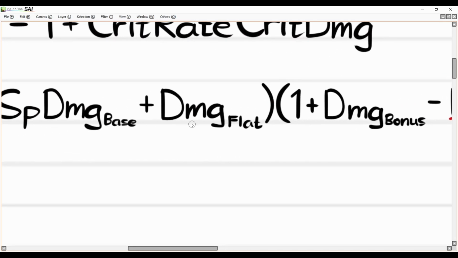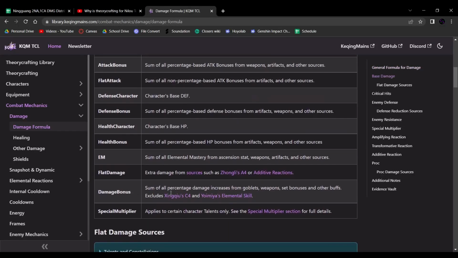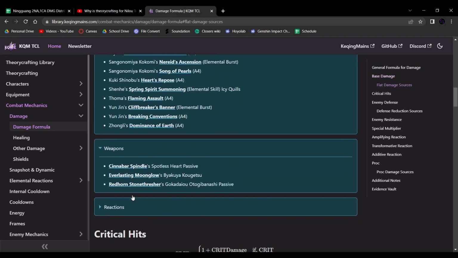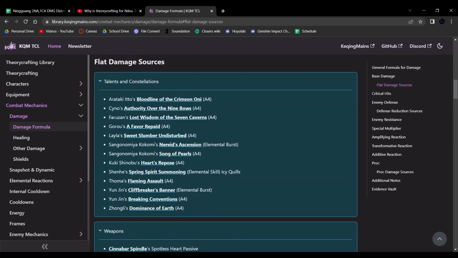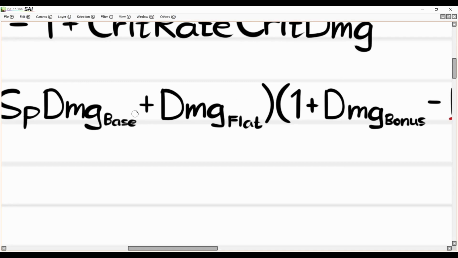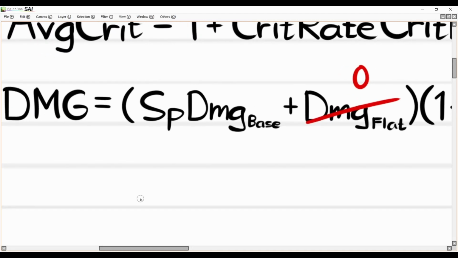And damage flat: if you read through sources such as this, you can check here, and I found that practically nothing in here fits. So we can go back to this equation, and this goes to 0. Then the special multiplier, again, just becomes 1. It's only 1 because we don't want to get rid of the damage base.